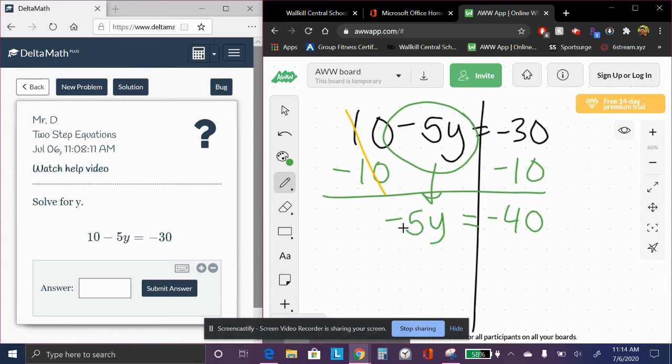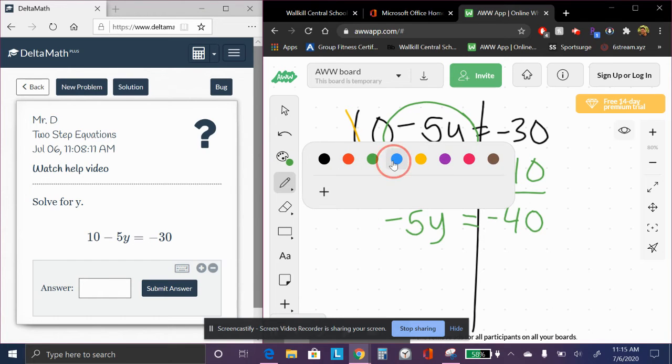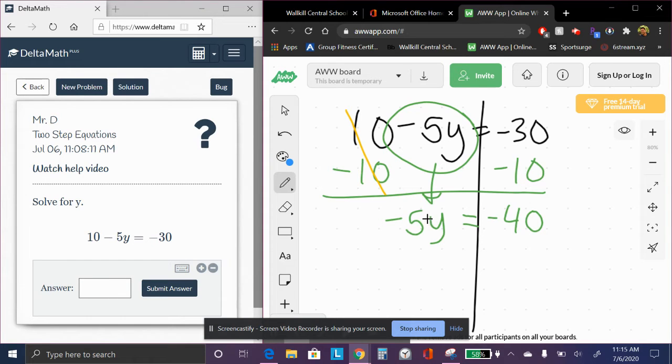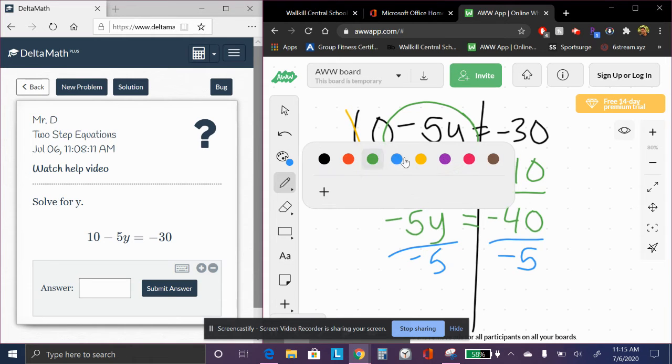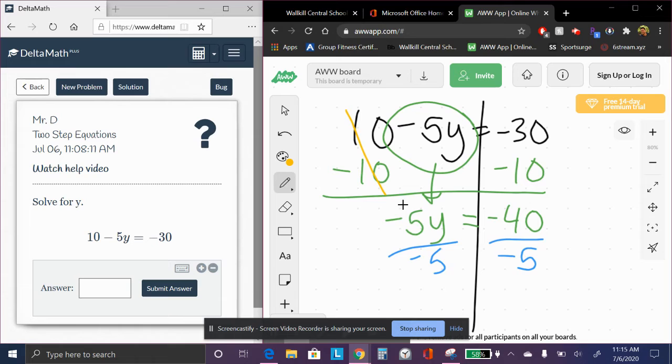So the opposite operation of solving for y, negative 5y, is we know that this in here is an invisible multiplication. We have to divide both sides by negative 5. And when we do that, these divide out, and we are left with y equals negative 40 divided by negative 5, which is positive 8.